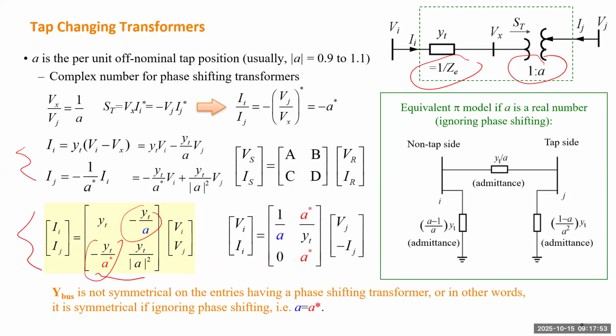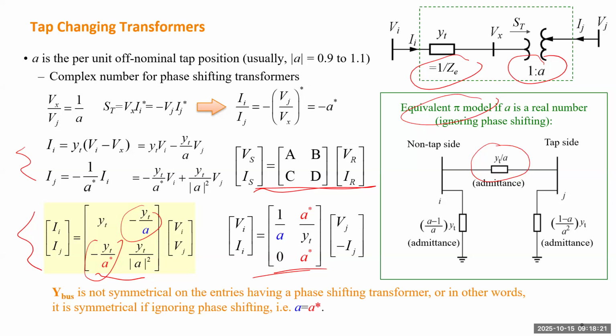So when you want to form the data sheet for the power network, because we can use the pi model to represent any transmission line, we can also have a pi model to represent a transformer. You just need to find this transformation from the voltage and current on one side to the other side. Compared to the standard model of a transmission line, we can identify those A, B, C, D. If you draw the pi model, it will be like this one. This is pretty much the admittance divided by the ratio.